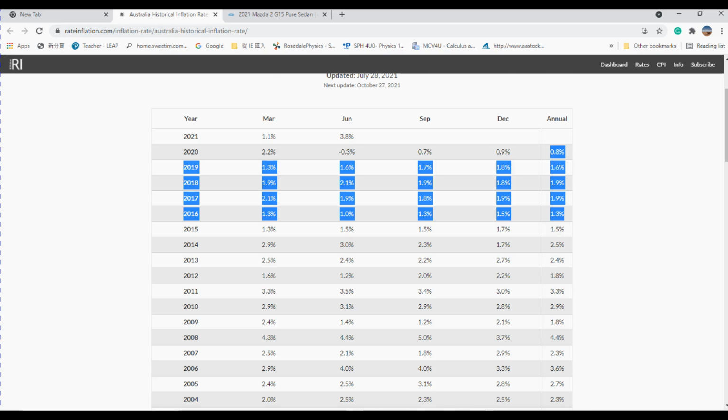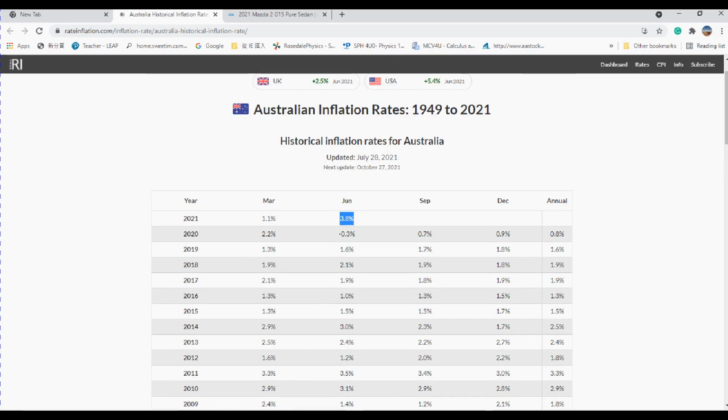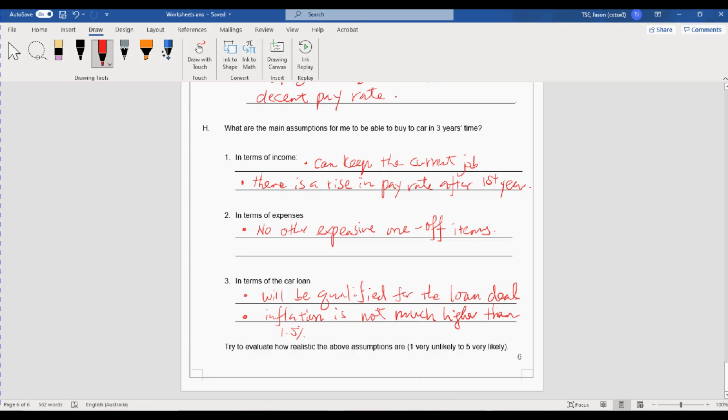When you go back to see the recent figures, in 2021, in the month of June, the inflation rate was 3.8%. Possibly that's because of the COVID, because we don't have enough working people in the country now. So that's why the inflation rate is quite high. So when you go back to this assumption, you might need to think about this.